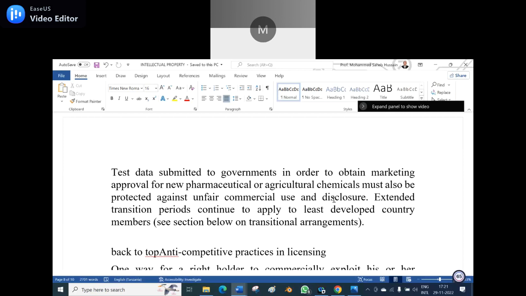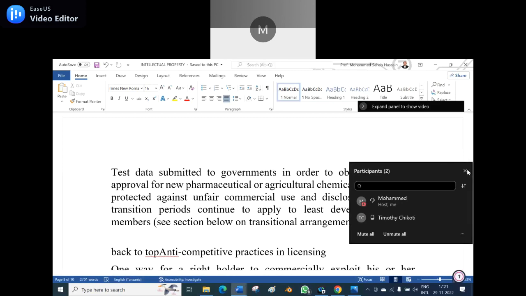If you know it, you tell me. If not, you say pass on. It is a Toyota, a car which is mostly used in Tanzania.